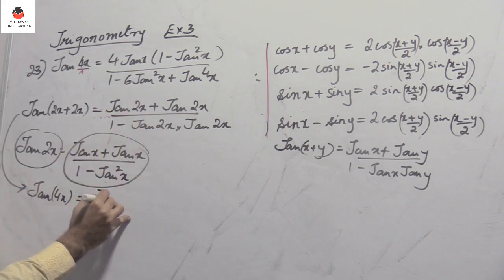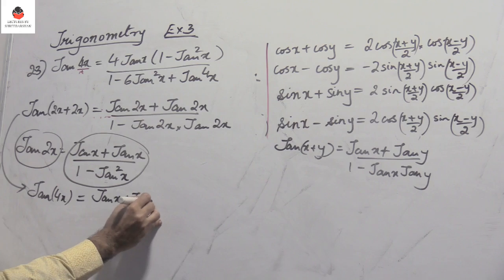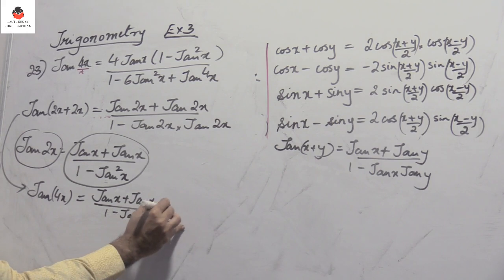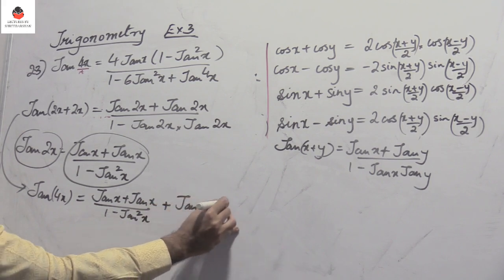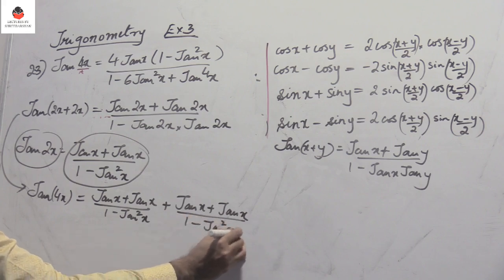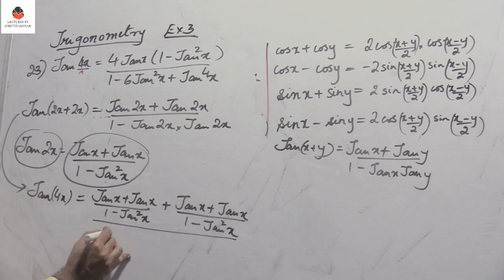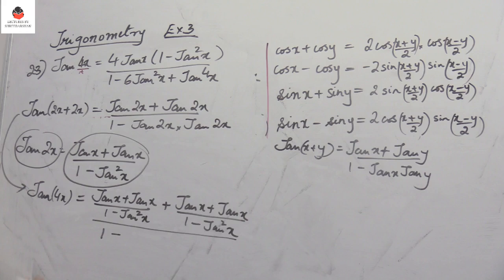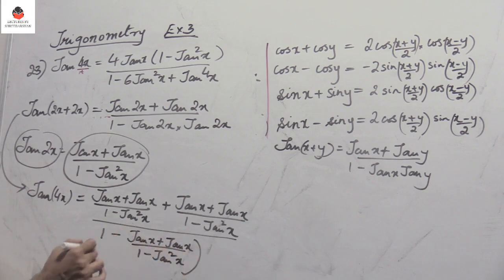So you have (tan x plus tan x) divided by (1 minus tan squared x), plus (tan x plus tan x) divided by (1 minus tan squared x), divided by 1 minus tan 2x the whole square. So this, the whole square, (tan x plus tan x) divided by (1 minus tan squared x) the whole square, right? Because this is tan 2x.